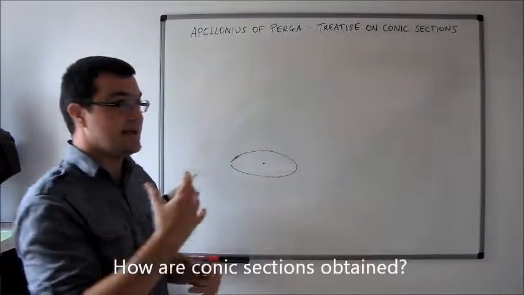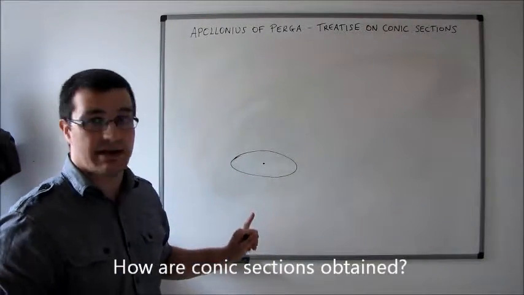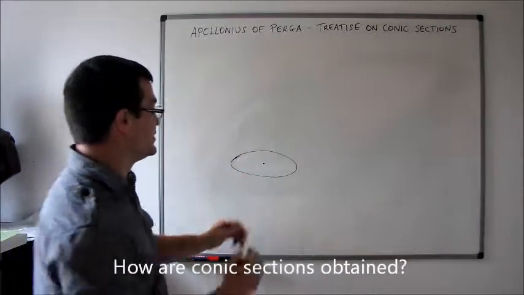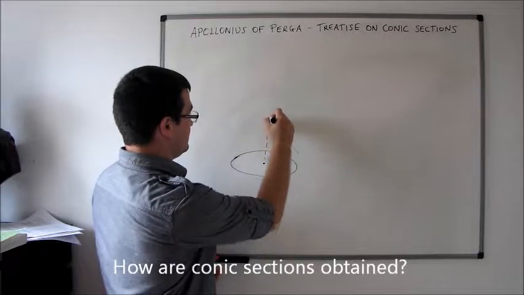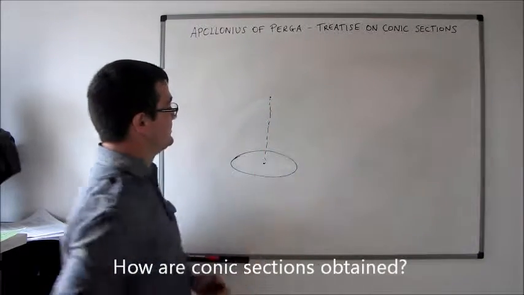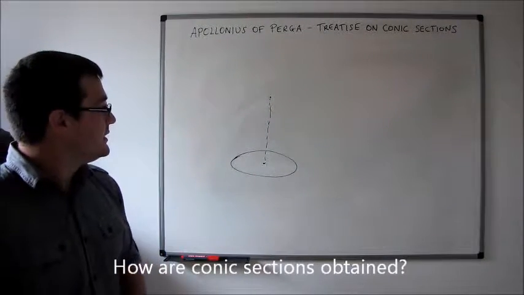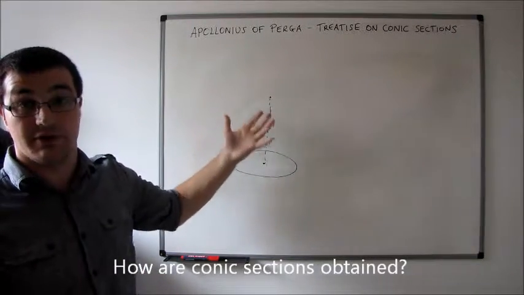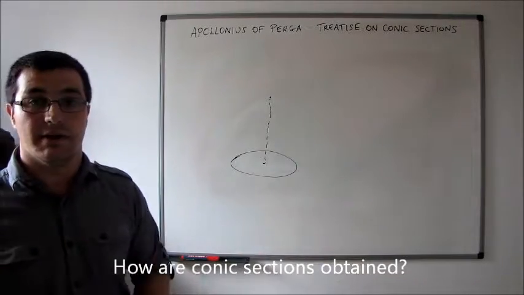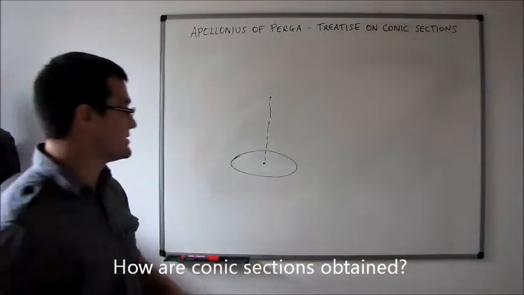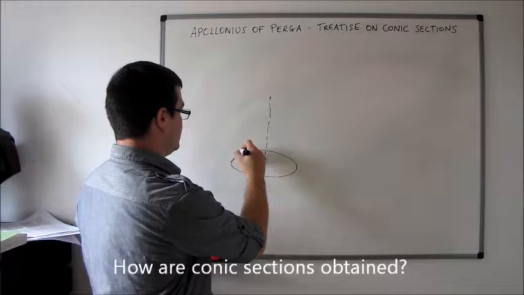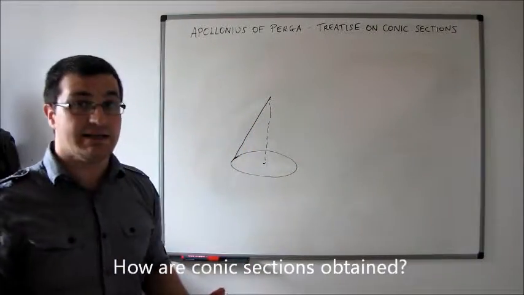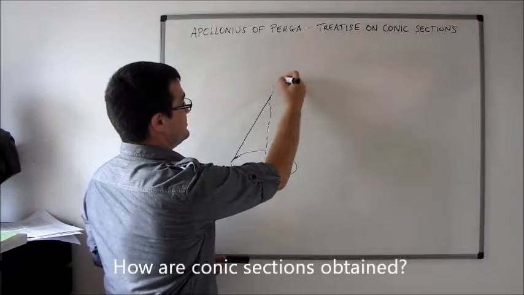I'm going to take any point now directly above the center of the base circle. So let's say that's here somewhere. Okay, and now I'm going to draw a line from this vertex to the circumference of the base circle, and extend it indefinitely in either direction.